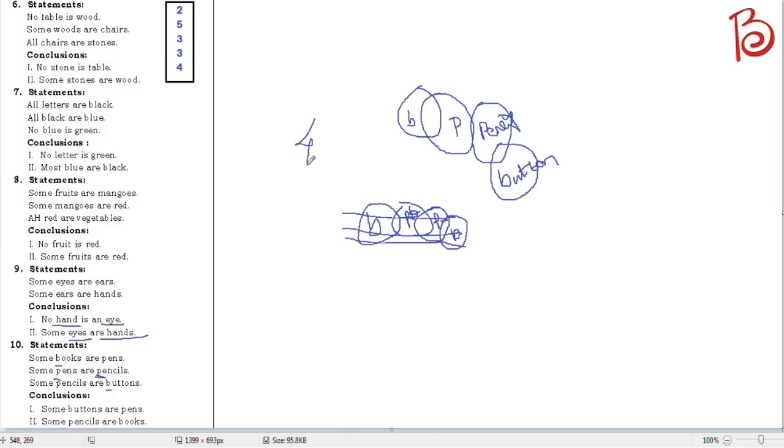Suppose you're going to spend 40 minutes on reasoning. If the sums are easy, everyone will be able to do 40 questions.